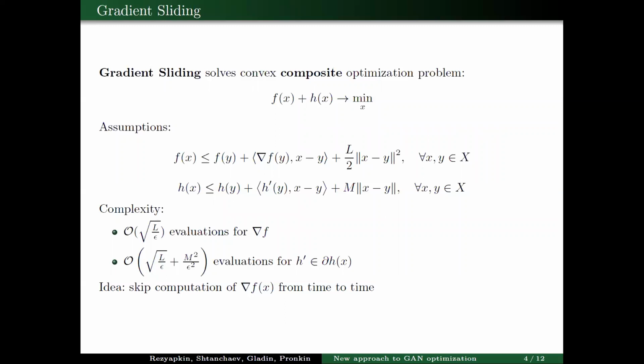Here you can see the assumptions on the regularity of functions. The method has good complexity estimates because one of the reasons is that it can skip computations of gradient of f from time to time. And that's the advantage that reduces complexity.